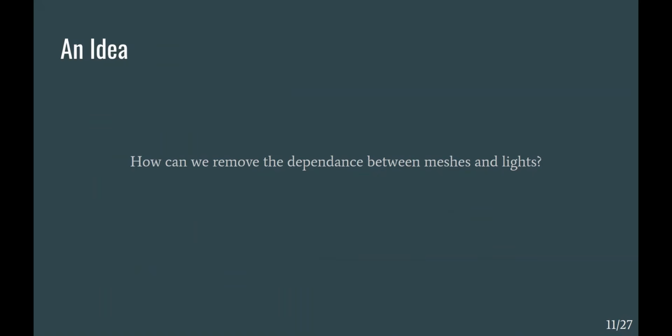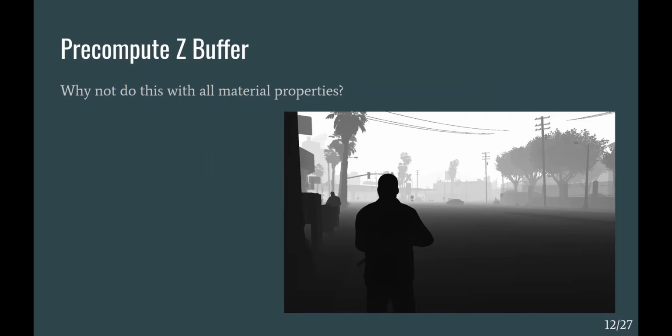So, an idea. How can we remove this dependence between meshes and lights? In forward rendering, we render every mesh light pair because we need to, and so we generate an awful lot of draw calls. One way we can do this is to take inspiration from something that we already do, and this is the Z buffer.